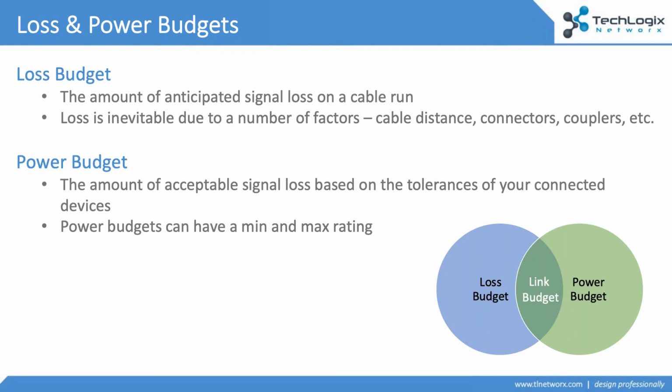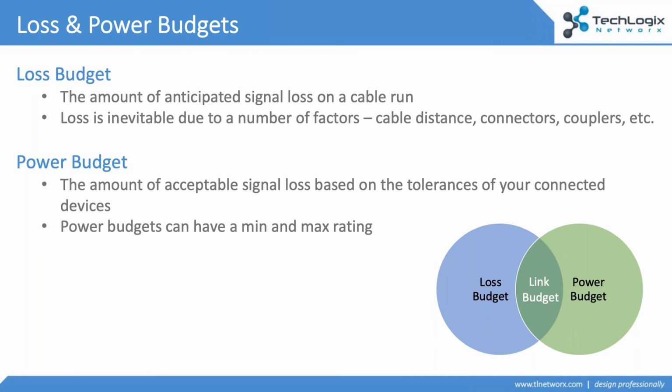The power budget, on the other hand, is what is your device looking for? So your loss budget may say, based on all these factors, the long cable, I got a bunch of couplers, I have a loss budget of 5 dB, but my devices, my extenders, are looking for no more than 3 dB of loss.